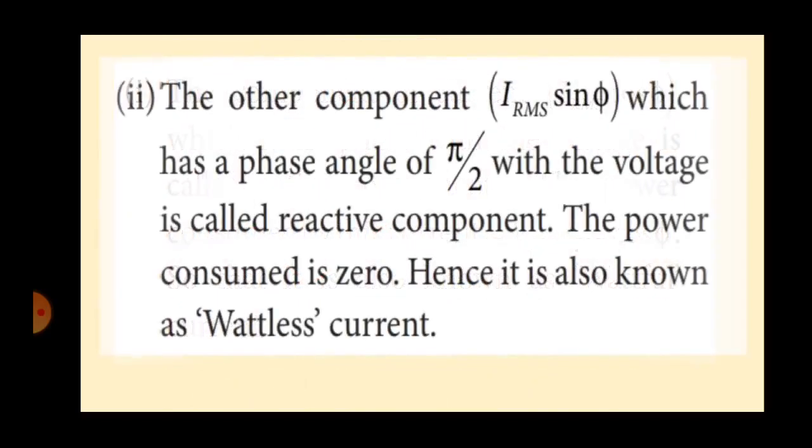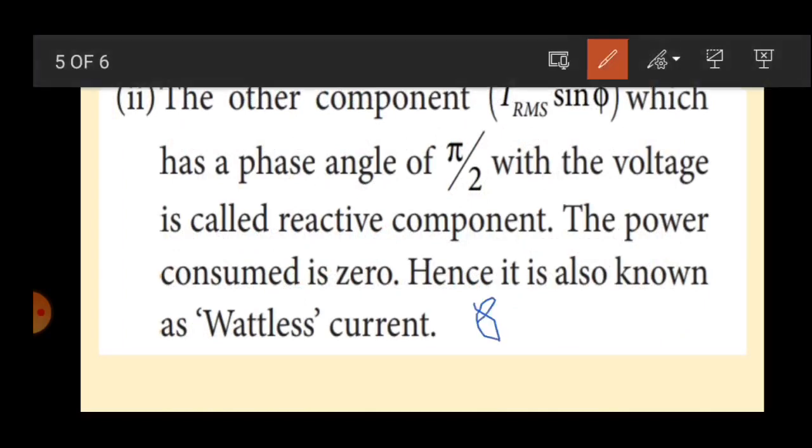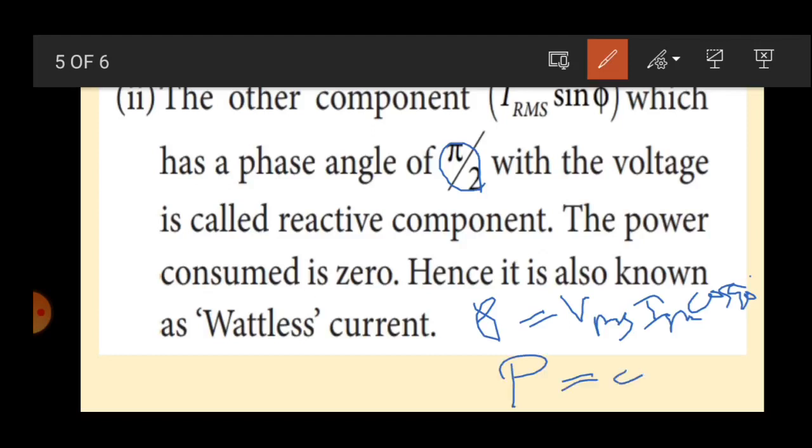Now see, the power consumed P is equal to Vrms Irms cos phi. What angle? The phase angle pi by 2. So cos 90, what is the value of cos 90? 0. So the total average power is 0.